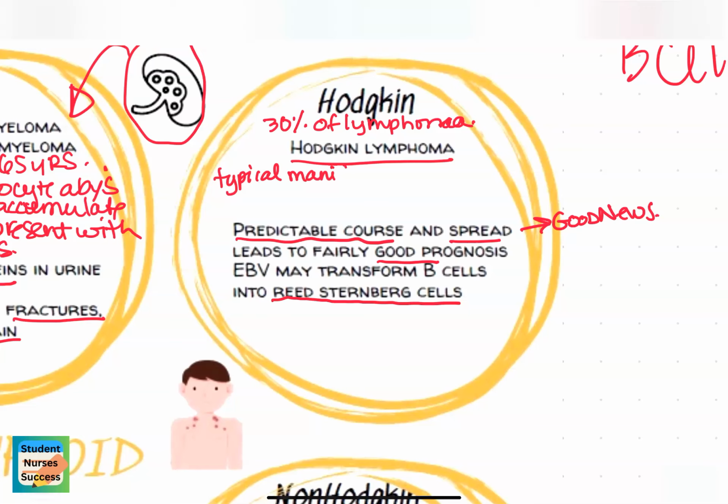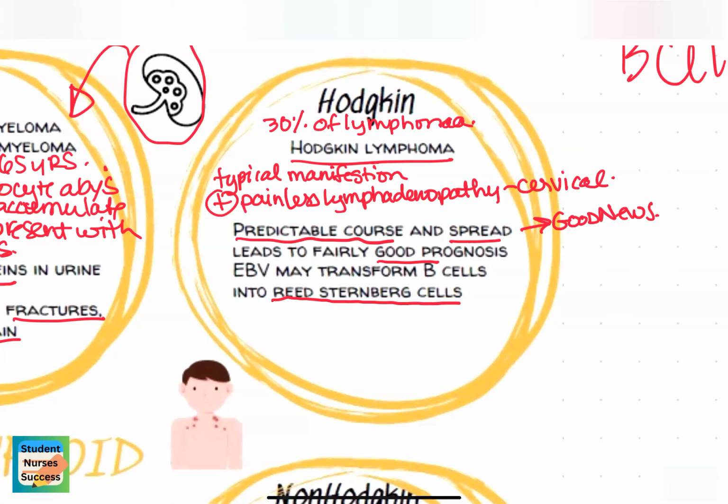As far as the manifestations of Hodgkin's, usually the typical manifestations that you're going to see we covered in our first video. In addition, you're going to have painless lymphadenopathy or enlarged lymph nodes, and usually the cervical lymph nodes are some of the first.